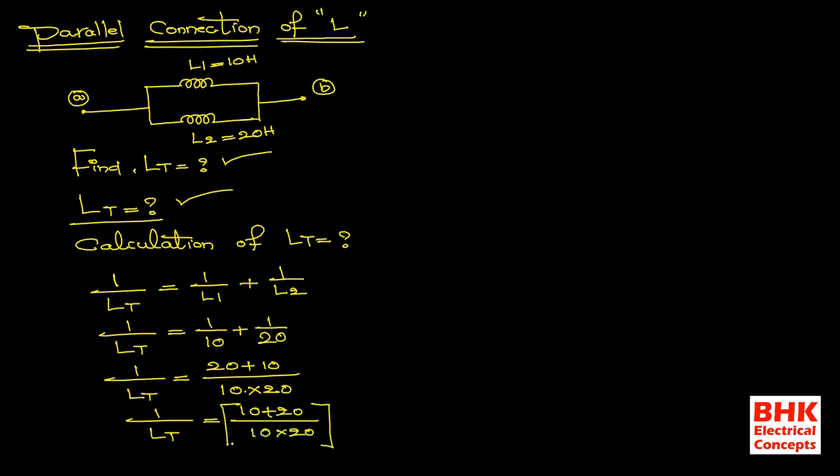But what do we require actually? We require only LT, the total inductance value. Okay, so that is the reason I am taking the reverse to get the value of actual LT. So the total inductance is equal to 10 into 20 divided by 10 plus 20.